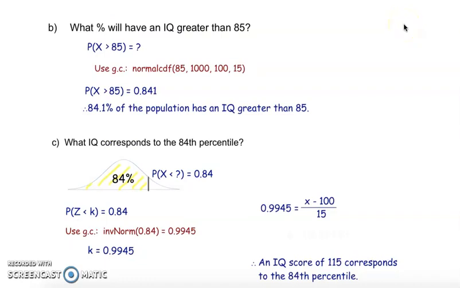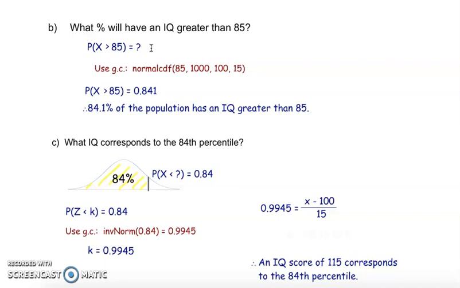Okay, part B. What percent will have an IQ greater than 85? So now the notation would be, we're looking for the probability of x greater than 85. This means that we need to use the normal CDF function. So if you pull out your calculator, second function vars, number 2 normal CDF, we can start with a lower bound of 85 and upper bound of a big number, like 1,000 or more zeros, if you like.